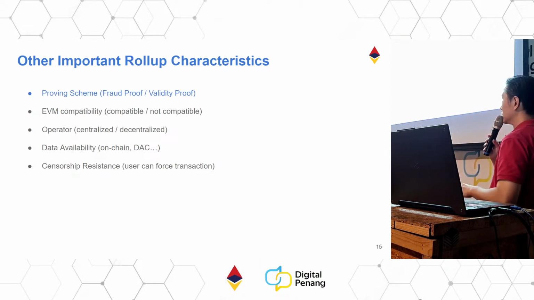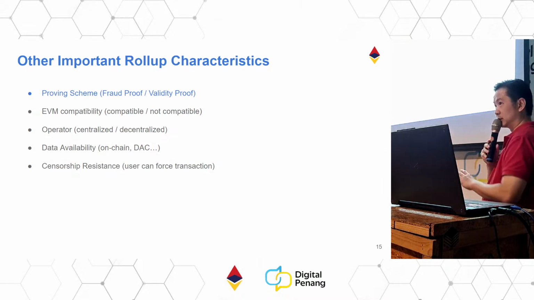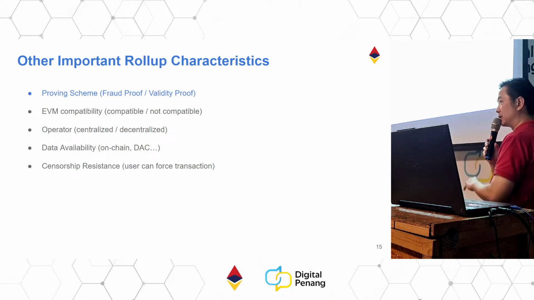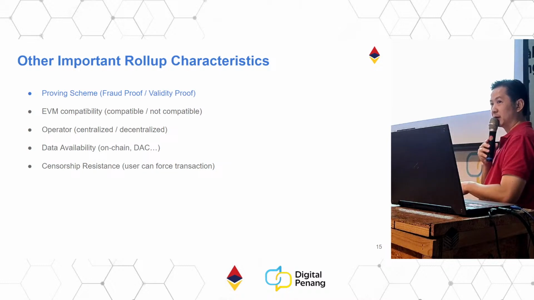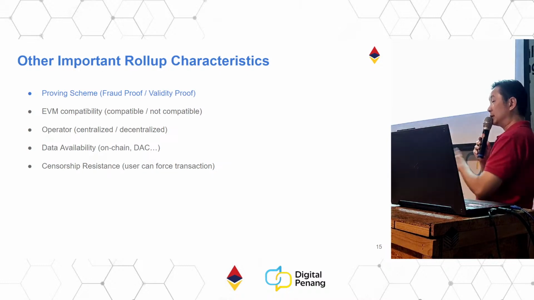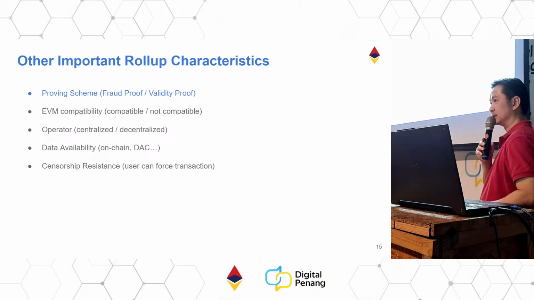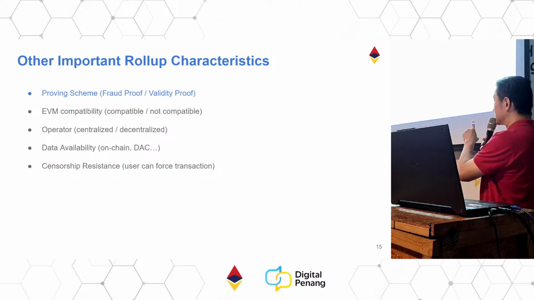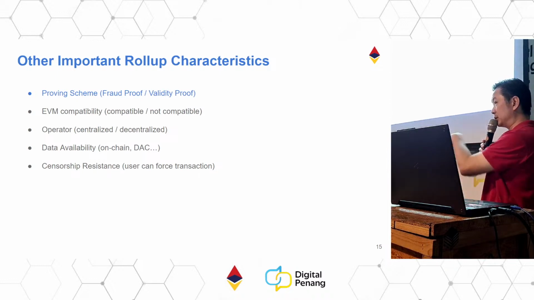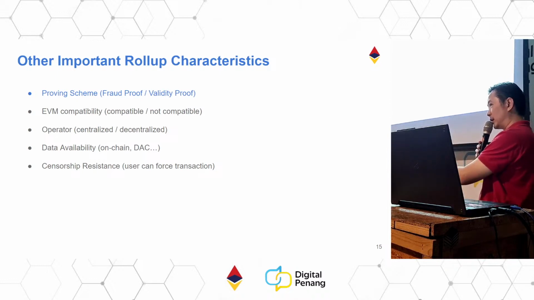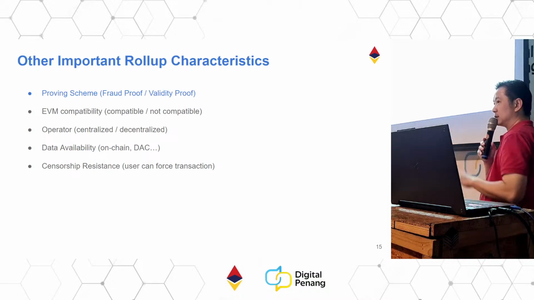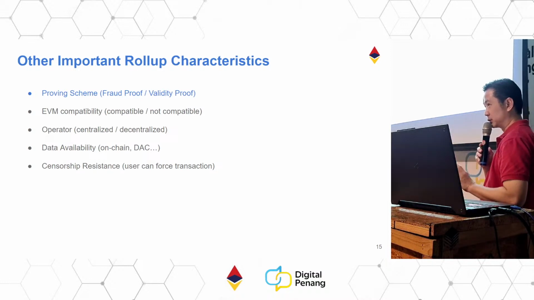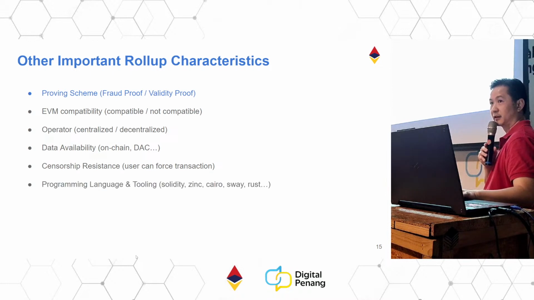But in today's rollup design, they build a way for users to force a transaction into their chain without needing them to approve or anything. So this is the censorship resistance guarantee that is built into rollups now. If you don't have this, a lot of people will not choose that rollup, right?